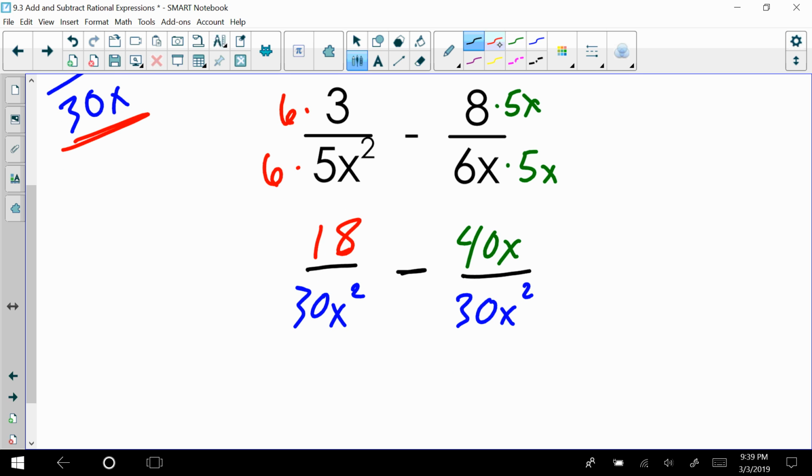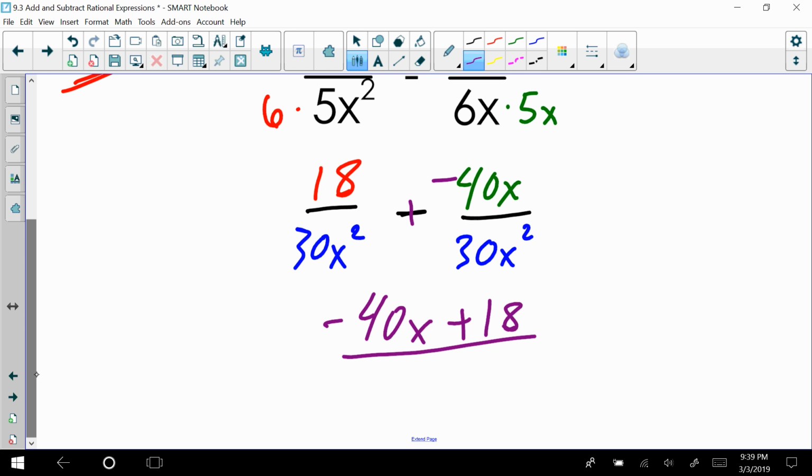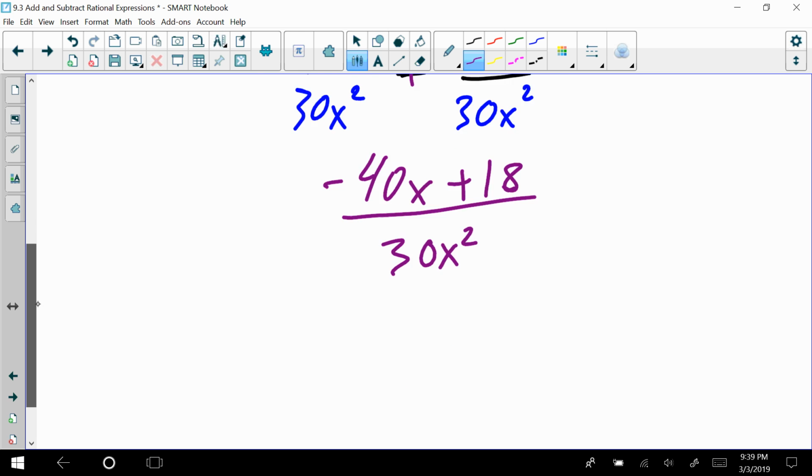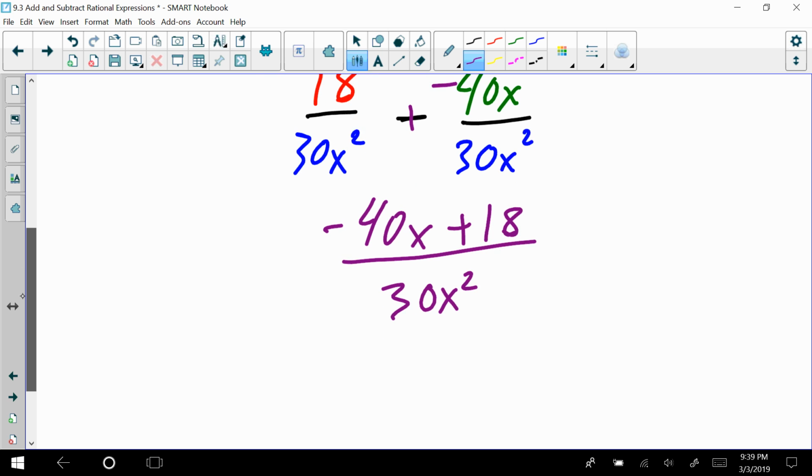Don't do that because that's going to undo all the hard work we just did. Now I just do the math here. This is plus a negative. Oh, okay. Now normally we write the x's first, so this is negative 40x plus 18 all over 30x squared. Okay. Hopefully you understand how I got to there.